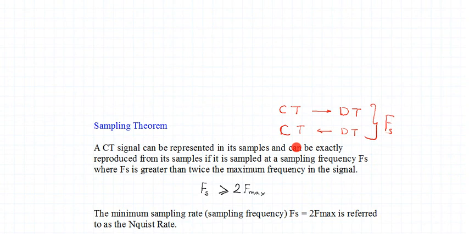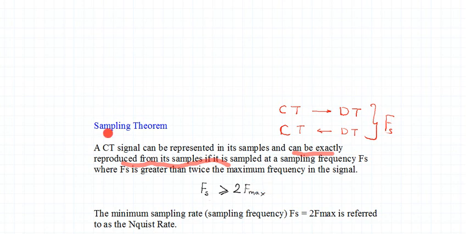Now, with all this analysis, we understand the meaning of the statement that we can exactly reproduce the CT signal from its samples if and only if your sampling frequency is greater than or equal to twice f max. This is the meaning of the sampling theorem.